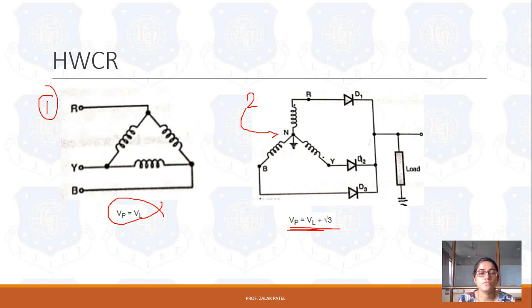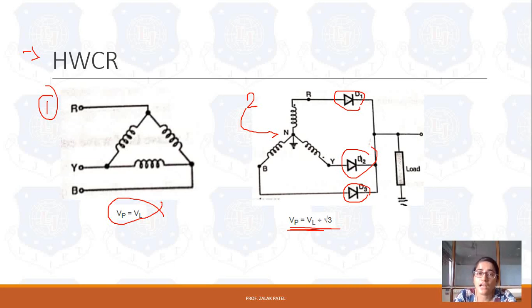So these are the two figures of HWCR, but for these two configurations please note that diodes are connected, and because of the diode connection, as in the single phase HWCR, it does not provide any controlled rectification, because there is no firing angle, meaning no control terminal over it.